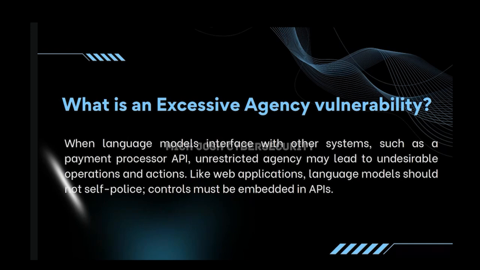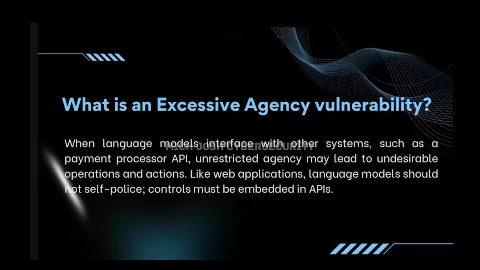This store has an LLM-powered chatbot, and he tells it that the speaker you sent has not arrived and he wants his money back. The LLM is connected to the order management systems.